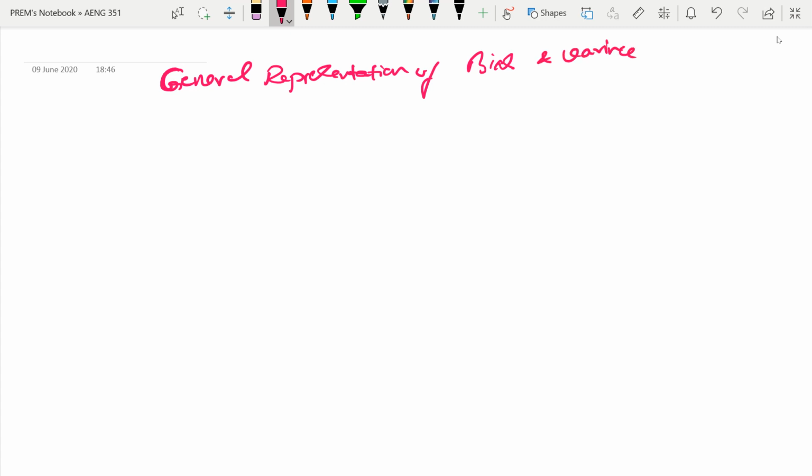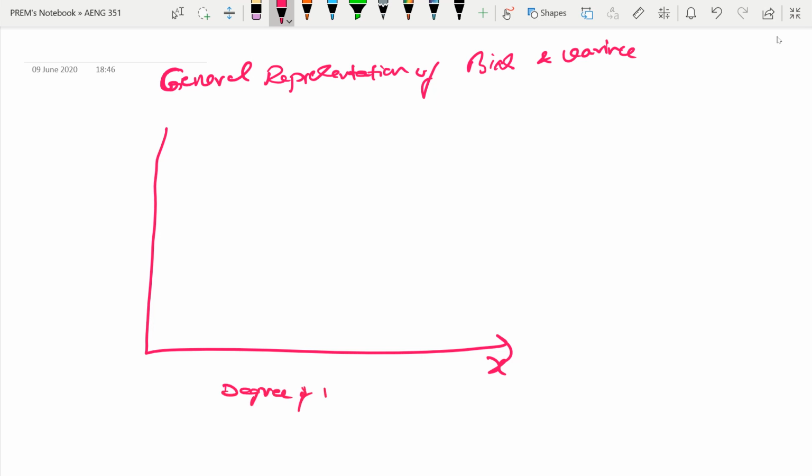Suppose if you see this graph, on the x-axis I am taking the degree of polynomial, and on the y-axis I am taking the error. So here I am considering degree 1, degree 2, degree 3, degree 4 and degree 5.